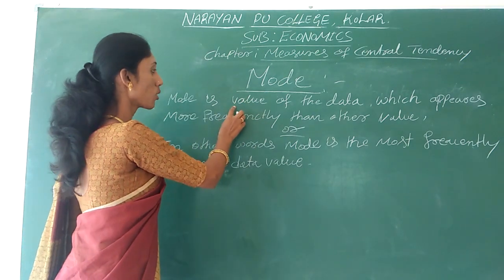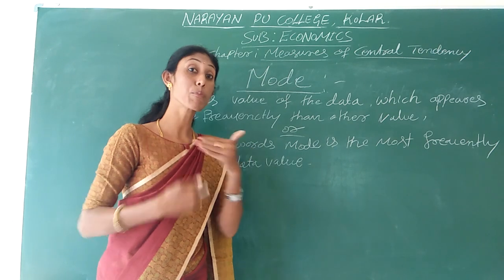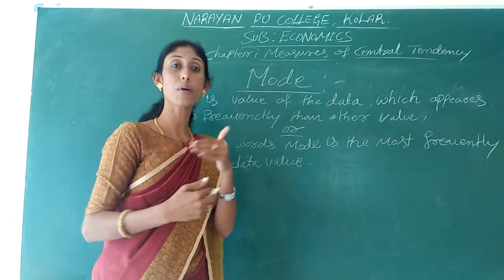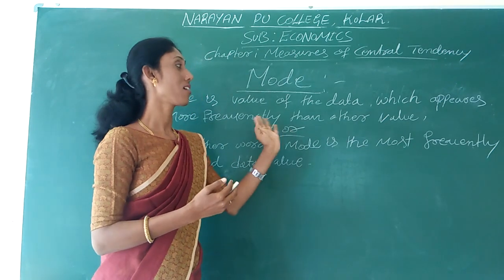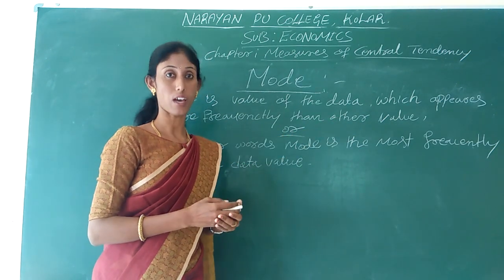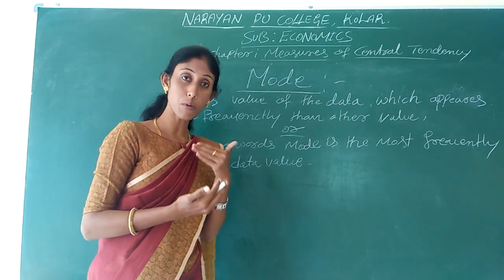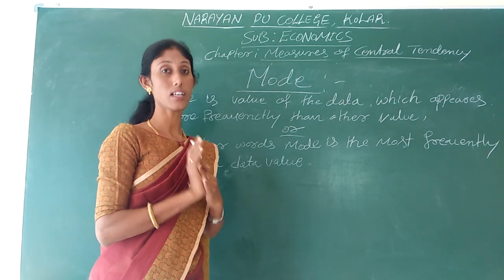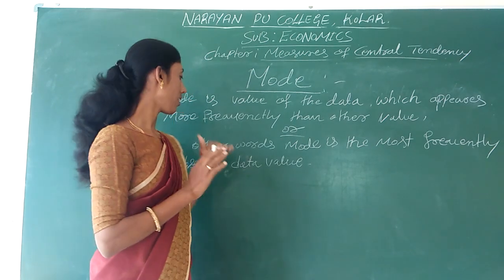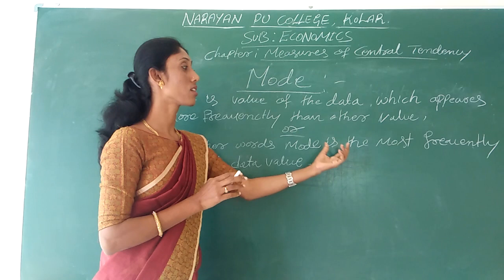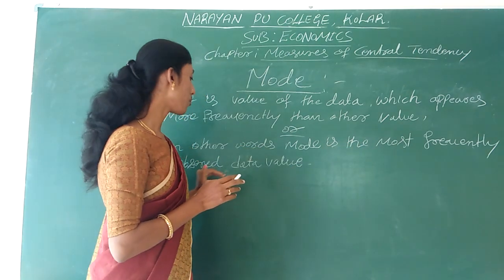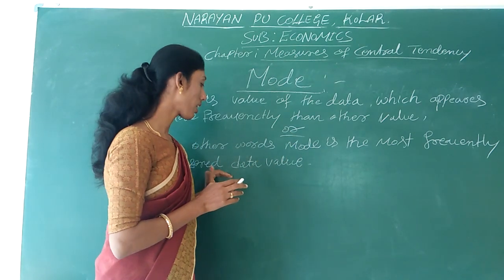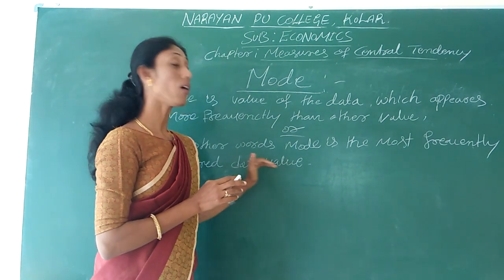Mode is the value of the data which repeats more number of times compared to the other values. Mode is the value which appears more number of times compared to the other values. Then or else we can say mode is the most frequently observed data value.